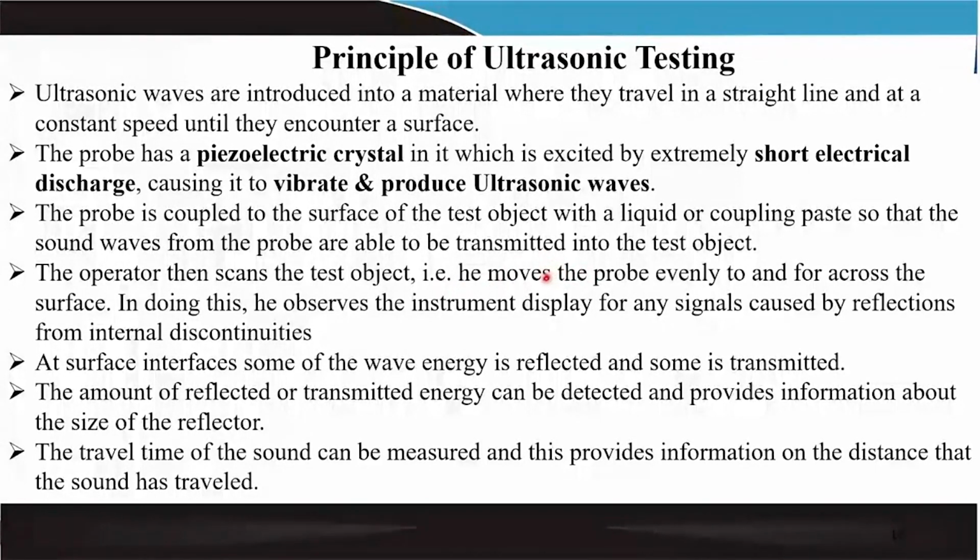The amount of reflected and transmitted energy can be detected and provides information about the size of the reflector, and the travel time of the sound can be measured, which provides information on the distance the sound has traveled. So, for example, if you go on applying the ultrasound, you will find that the depth of penetration will vary if there are flaws deep inside the material.